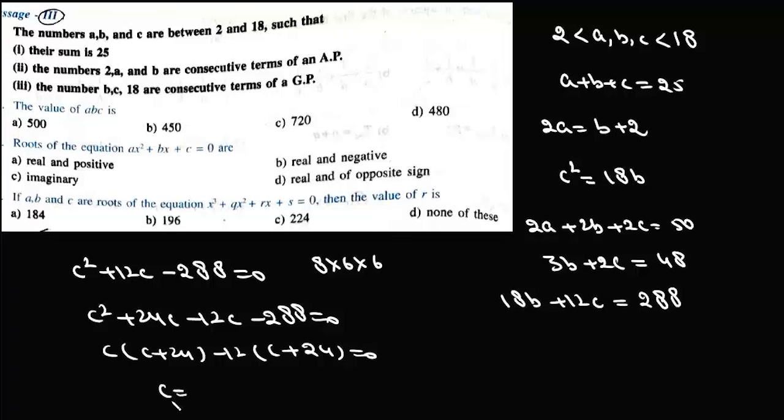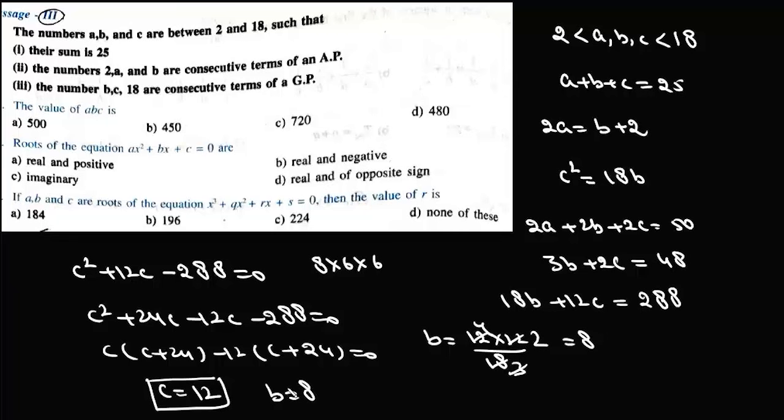From here, the positive value of C we'll get is C equals 12. Once we have the value of C, we can find B. Now B is C square by 18, so 12 into 12 divided by 18. So the value of B is 8. And if we put the values of B and C in the first equation, we'll get the value of A as 5.